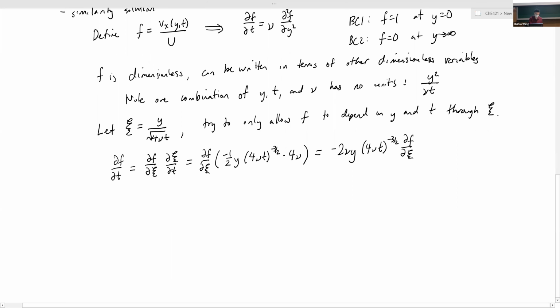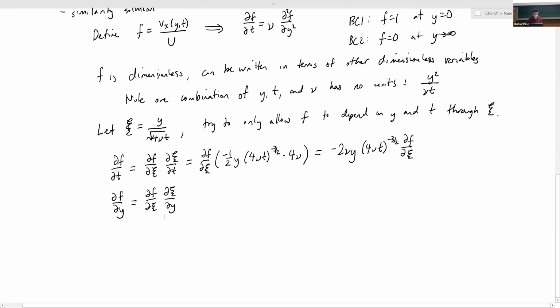I can do something similar for the other expression of my derivative, d squared f dy squared. I have to do that twice because this is a second derivative, and I only know how to do chain rule on first derivatives. So df dy looks like df dxi times dxi dy.